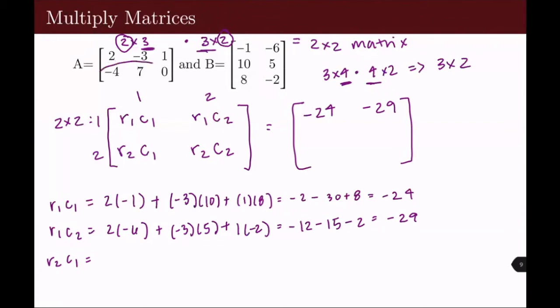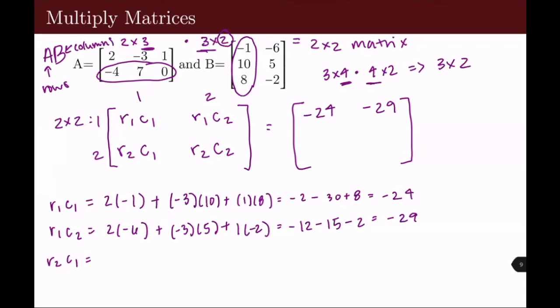So I have row 2, column 1. It would also be important for me to specify that when we're looking for AB, our rows are coming from A and our columns are coming from B. All right.